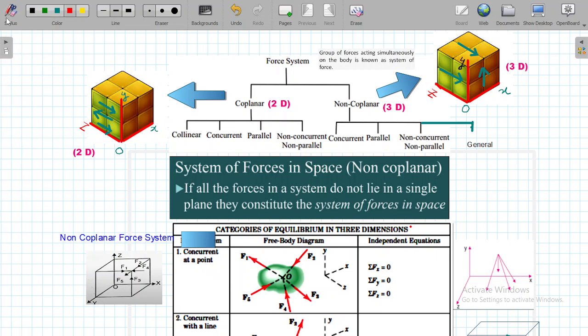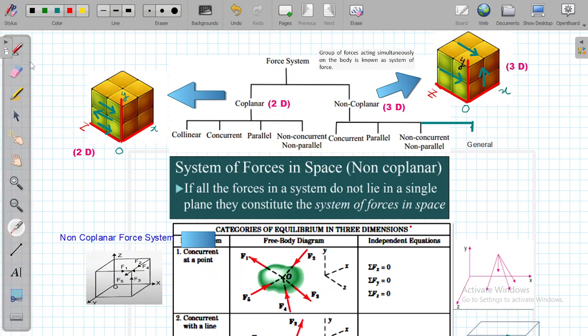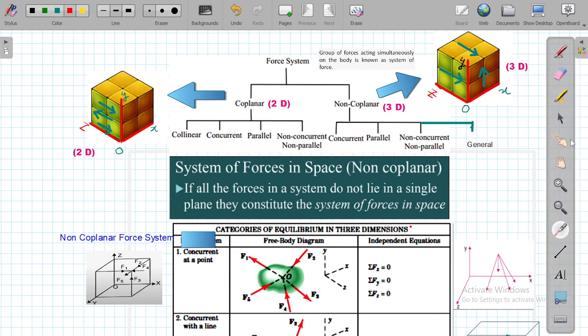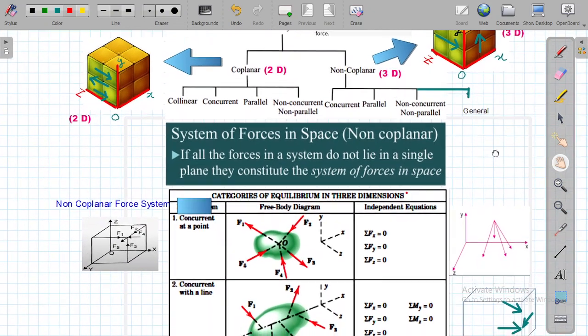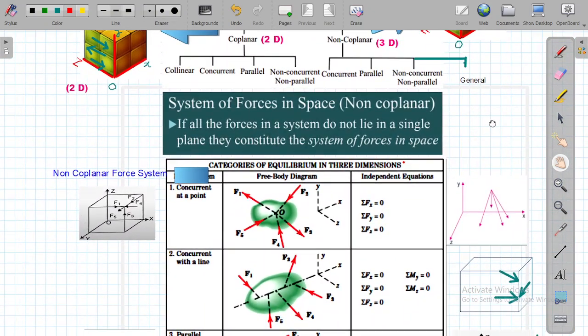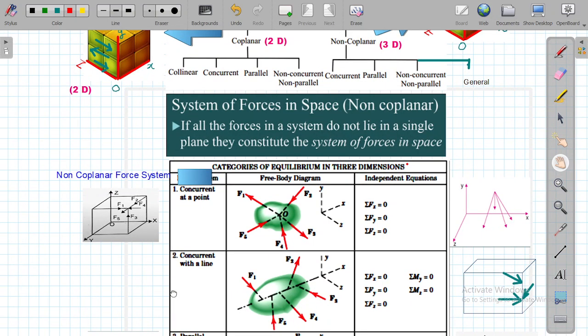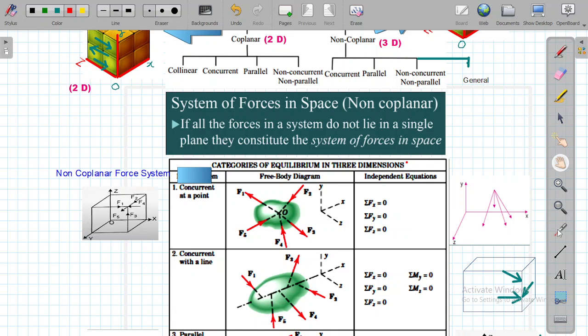Now we go to another force system. This is again a non-coplanar force system, which is concurrent with a line. So, a non-coplanar force system concurrent with a line.